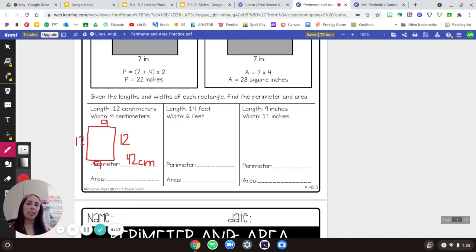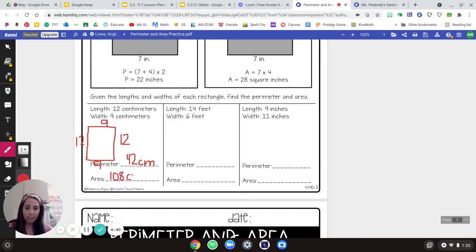So I remember area is length times width. So I'm going to do 12 times 9. And I'm doing my work over here. I know 9 times 2 is 18. 9 times 1 is 9, and add one more would be 10. So I have 108. And then I need my label of centimeters.